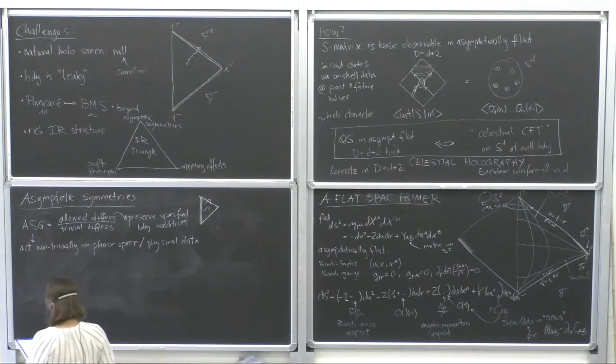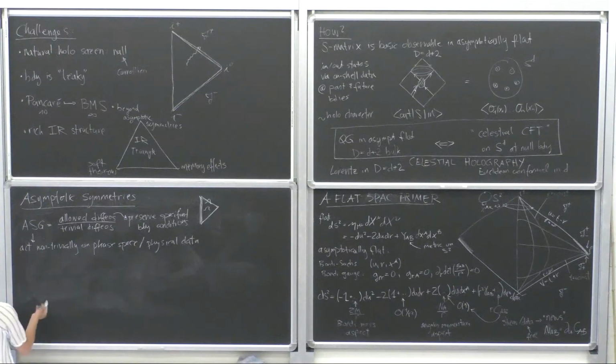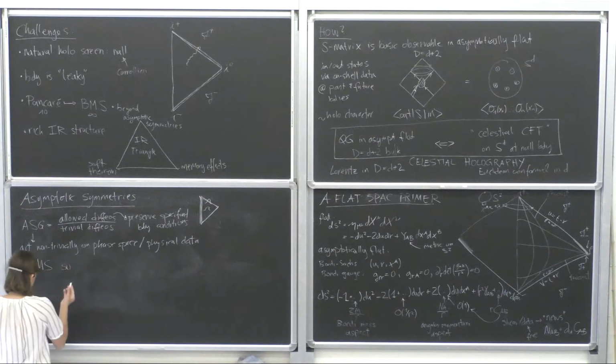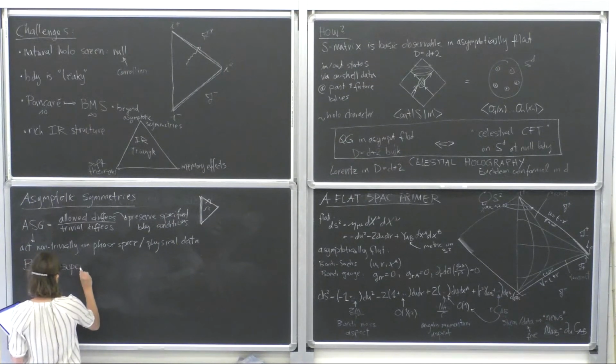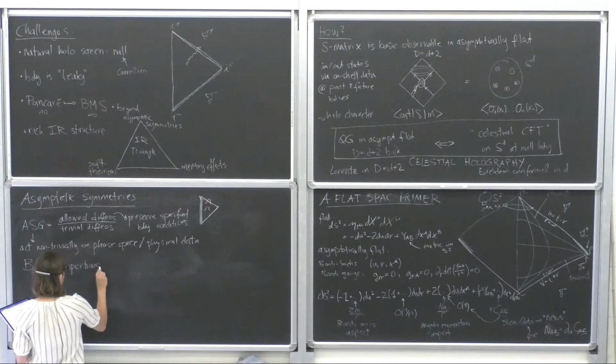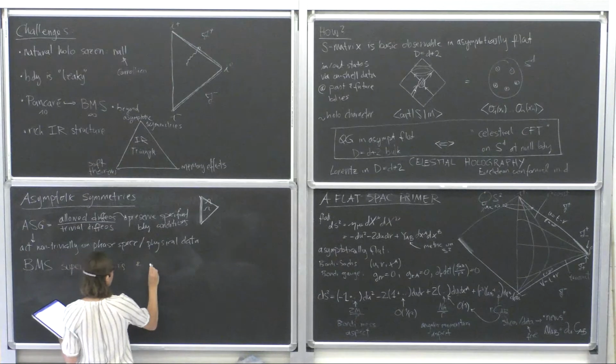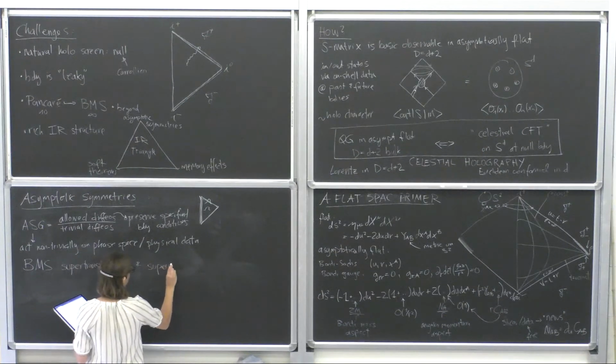And the symmetries that I want to sketch here are the ones that will be most important to us, namely these Bondi, van der Burg, Metzner, Sachs symmetries. And I will discuss the original ones, which were termed supertranslations, and also an extension which goes under the name of superrotations.